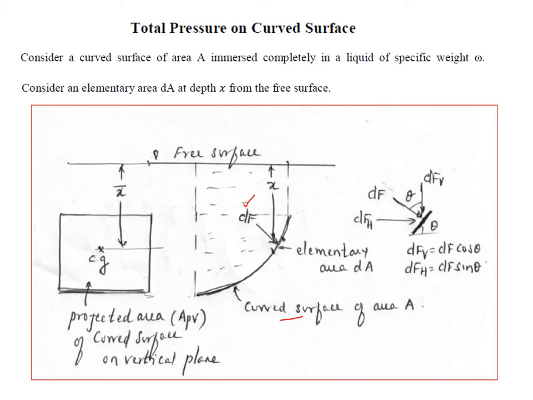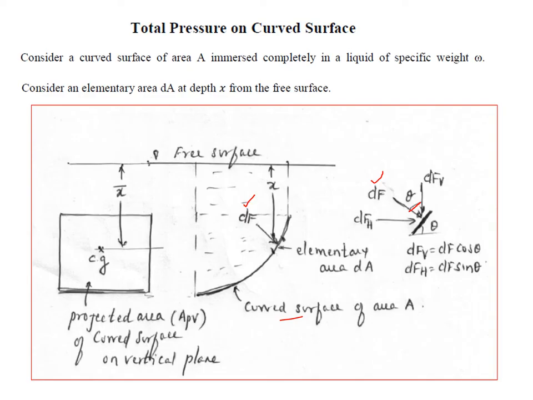So for this surface, you take a tangent which is acting at an angle theta. dF will be acting normal to this tangent, so dF is making an angle theta with respect to vertical.